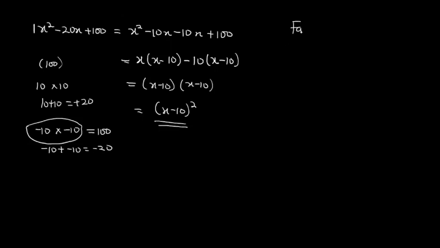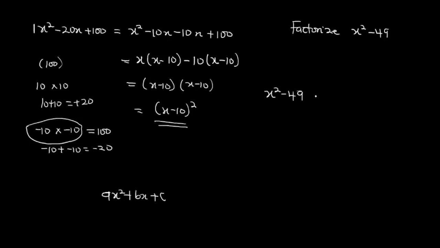So we have to factorize the expression x squared minus 49. Okay, so we have x squared minus 49. Now, mind you, we said that a quadratic equation is of the form ax squared plus bx plus c.